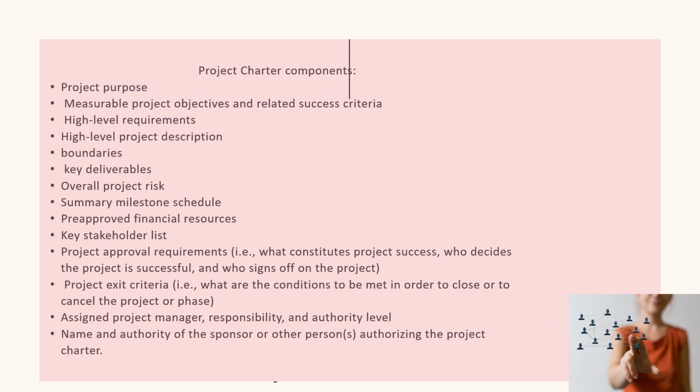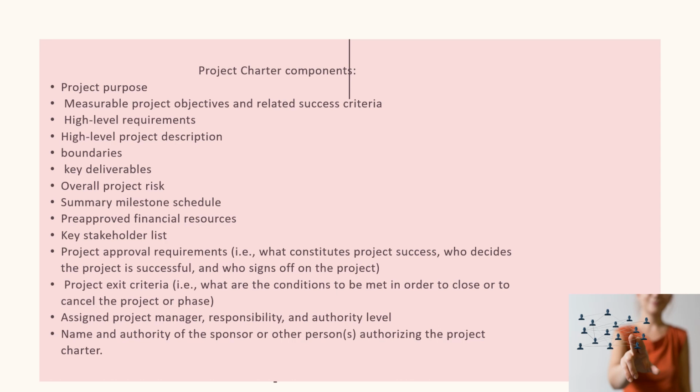Now, what are the components of the project charter? When you do the project charter, these are the things that we expect you to write. So the first one is the project purpose. I don't think that I need to elaborate further on that, but you can research the meaning of purpose. So what is the purpose of a project?